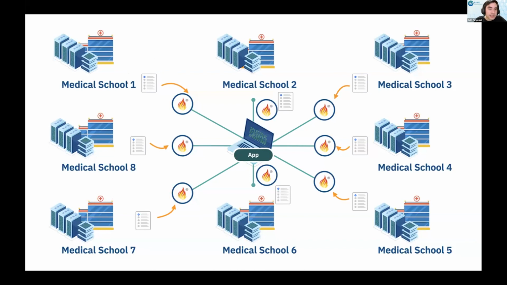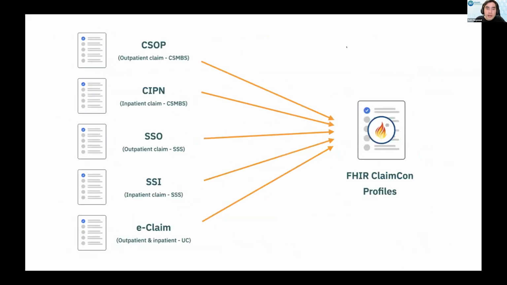So in the first phase, they will use existing data that all of them share and convert that data into FHIR. And this application will connect with this data. The data they decided to use is the claim data.